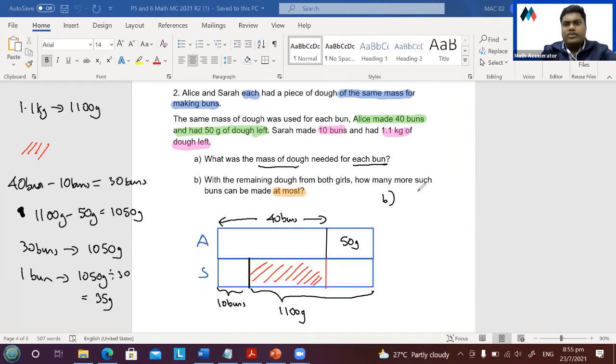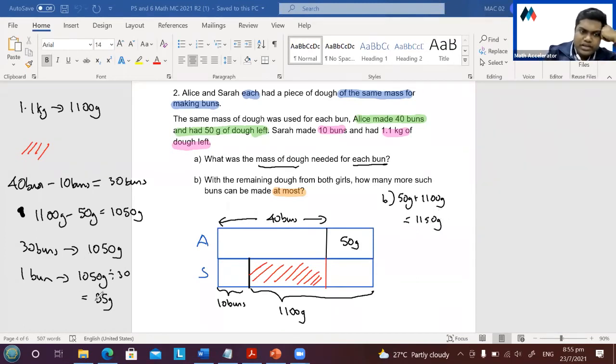Okay, so what is the total mass of the remaining dough? If you look at the question, Alice had 50 grams of dough left, and Sarah had 1.1 kg of dough left. So go and add them up. 50 grams plus 1,100 grams. So this is 1,150 grams.